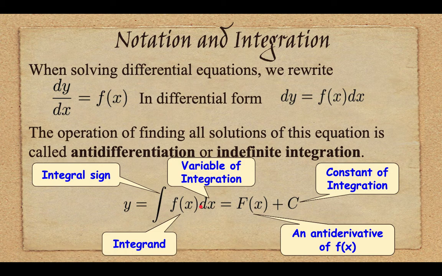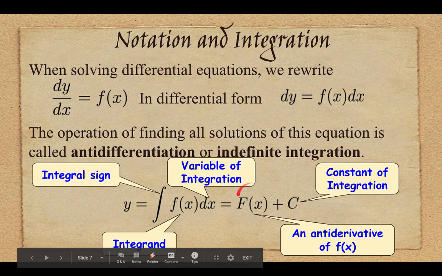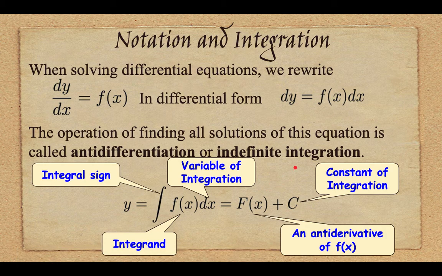We call this the integrand, and then we get an antiderivative plus the constant of integration. And don't forget the constant of integration. So this is what these integration problems will look like. This is the integration symbol. This is how we say we're doing integration.